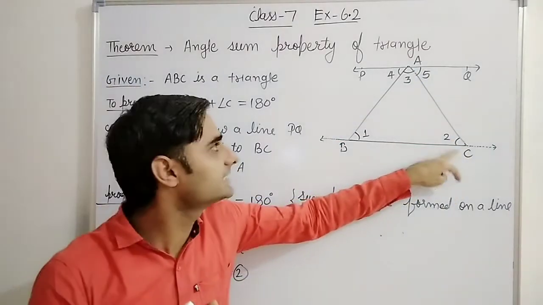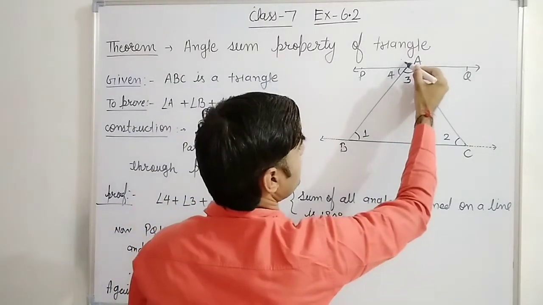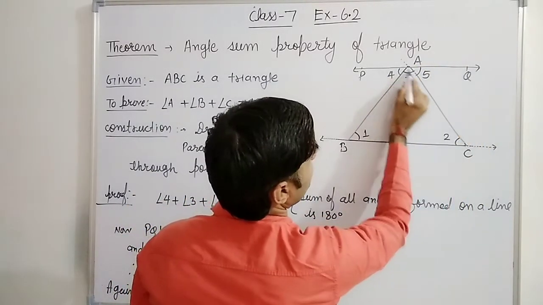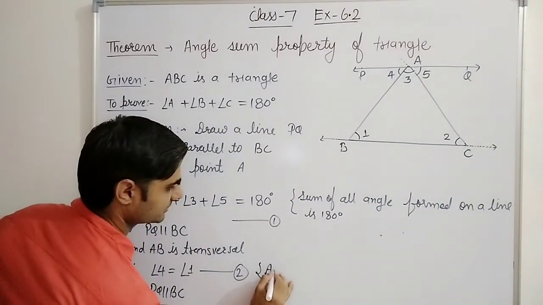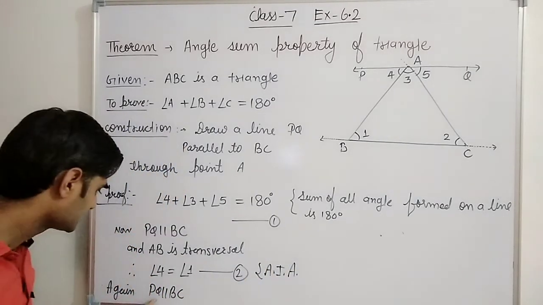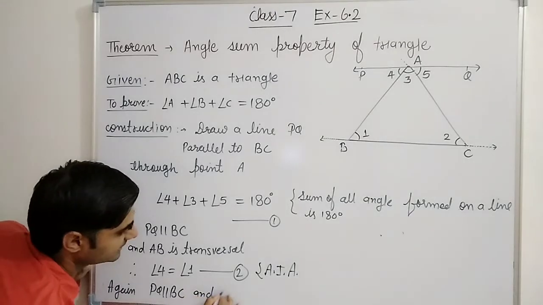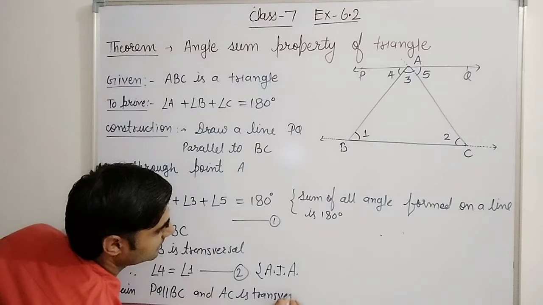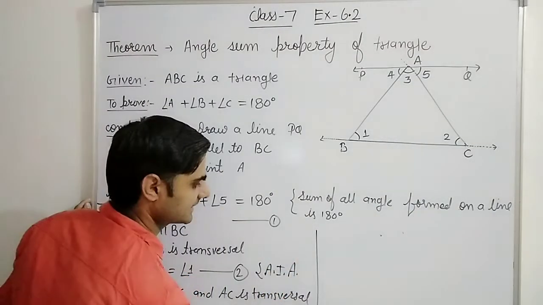This time we will take AC as the transversal. Okay? See this carefully, this AC is a transversal, correct. So here also you will see angle 5 and angle 2 are alternate interior angles. Here also you can write the reason for it: alternate interior angles. Okay, so here PQ is parallel to BC and here AC is a transversal. If AC is a transversal, can I do the rest here?